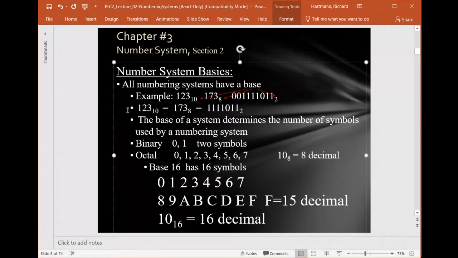And I think that's why they had the leading zeros on there. Now I see that. So what we can do here is take these 3 bits, which represent the 3 in the octal.